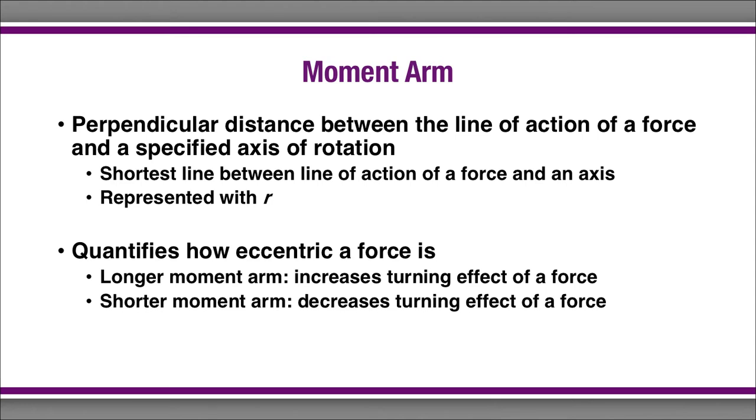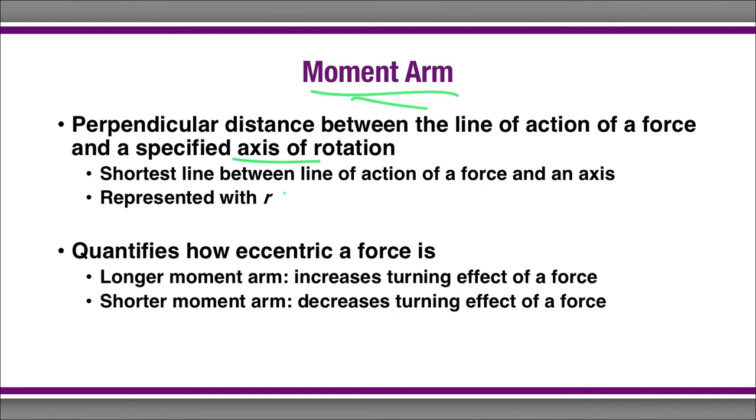A very important component in discussing torques and rotation is a moment arm. So a moment arm is the perpendicular distance between the line of action of a force and a specified axis of rotation. So this is the shortest line between the line of action of a force and an axis of rotation.